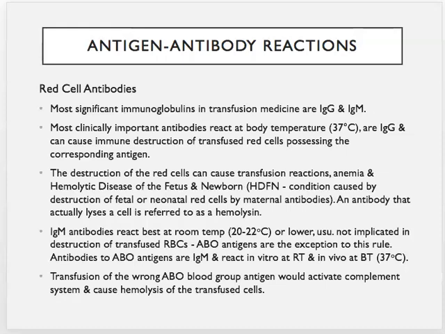Antibodies to ABO antigens are IgM antibodies, and they react in vitro at room temperature and in vivo at body temperature. So transfusing the wrong ABO blood group antigen would activate the complement system and cause hemolysis of those transfused cells.